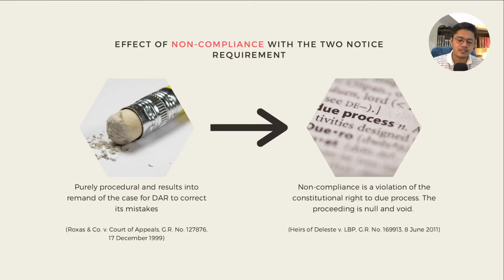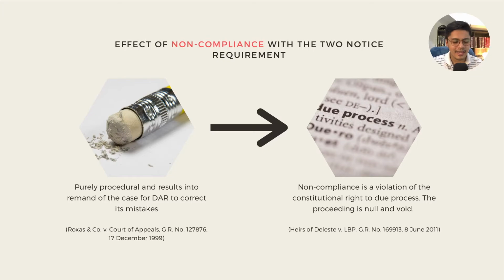Okay, so the Supreme Court was asked in one case, in Rojas and Company versus Court of Appeals in 1999, whether a violation or non-compliance with the two notice requirement will have the effect of nullifying the proceedings with the DAR.